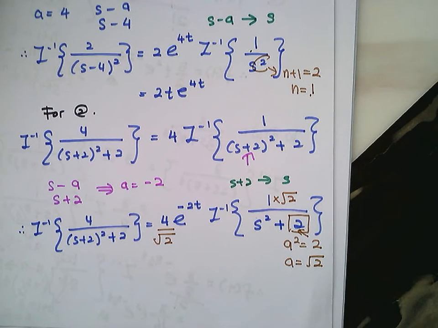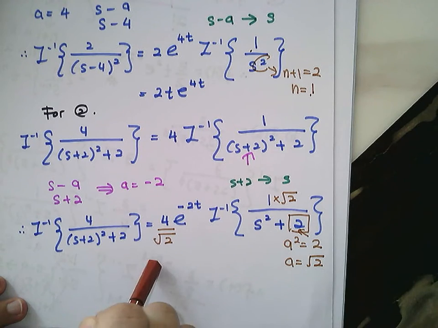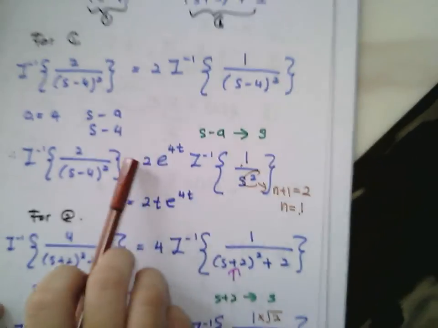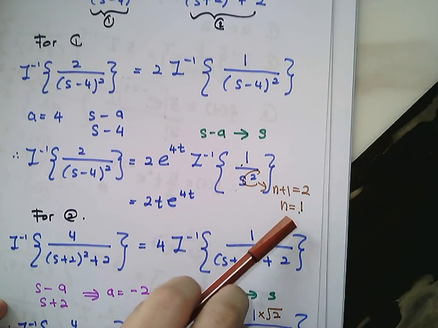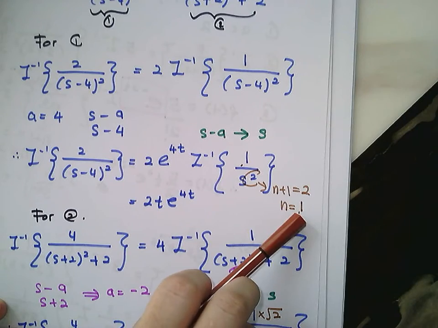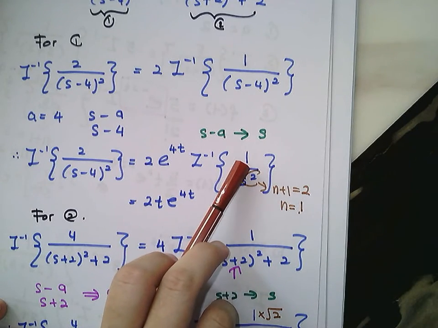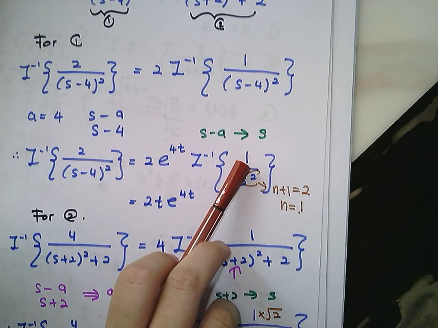Okay, remember every time we multiply by a constant, we need to divide by the same constant. And you need to know where to apply this one. Not all the time you need to multiply and divide. As you can see for the first function here, I don't do anything here. Because why? N is already 1. And you have 1 here. So you don't need to multiply by a constant.